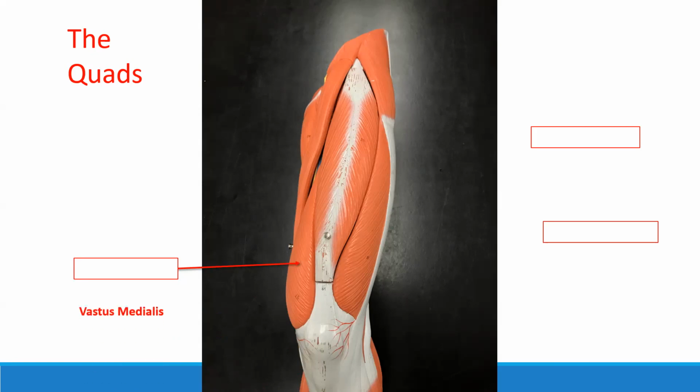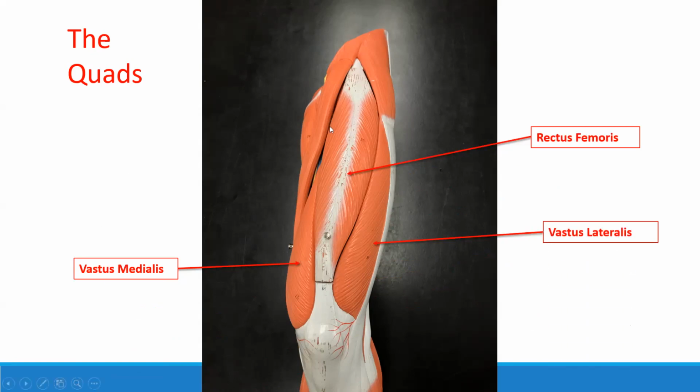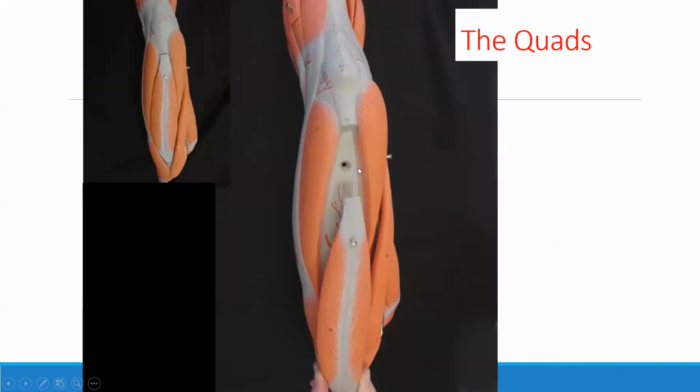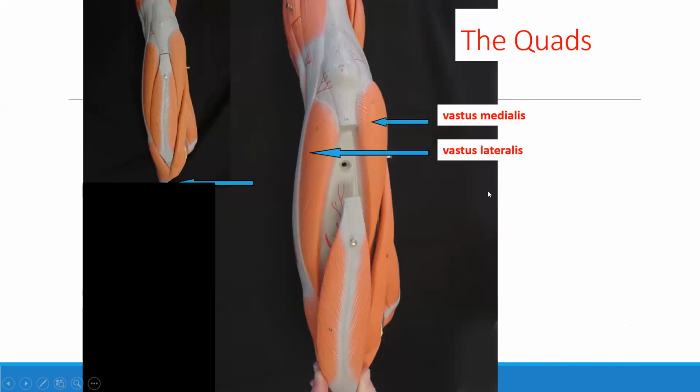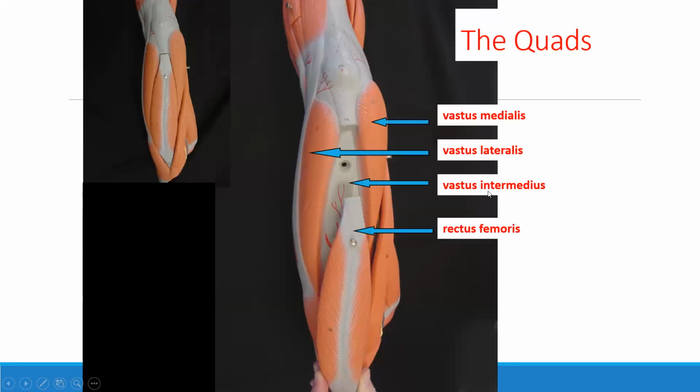There is the vastus medialis on the medial side, the vastus lateralis on the lateral side, the vastus intermedius in the middle, and on top of the vastus intermedius, we have the rectus femoris. There's the vastus intermedius right there. So here we see the vastus medialis, the vastus lateralis, the vastus intermedius, and the rectus femoris.